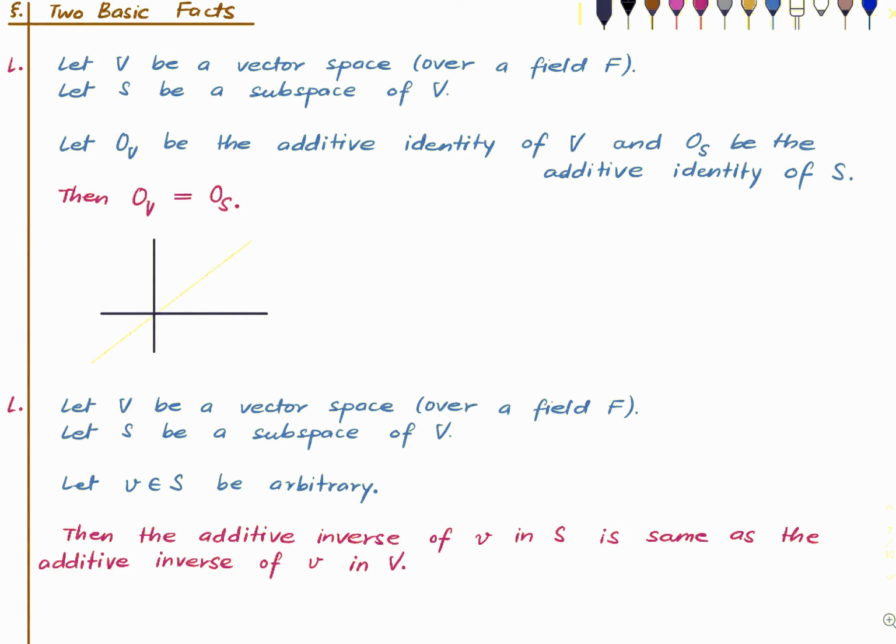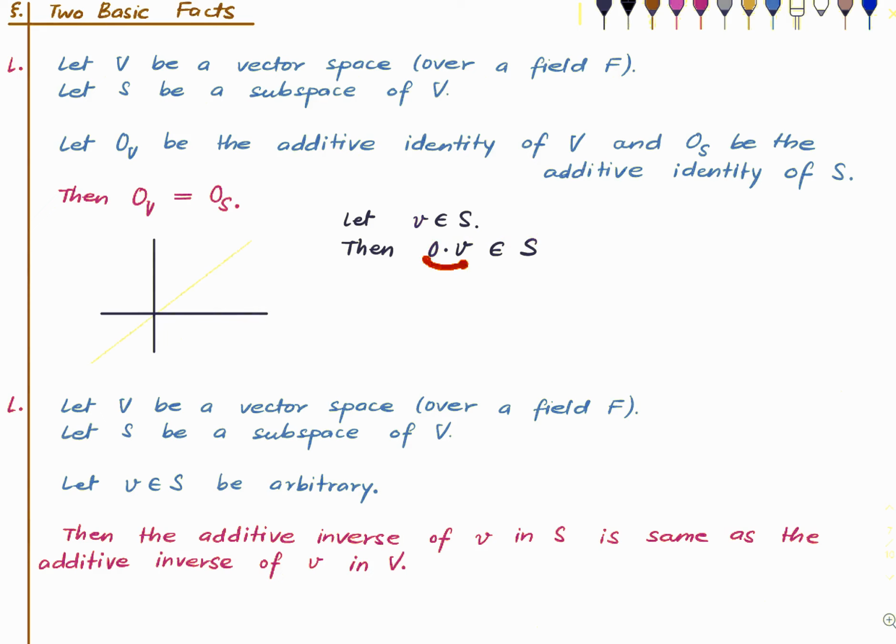Basically, you pick, so let v be in the subspace, then 0·v will lie in S, because all we are doing is scaling the vector v by some scalar, which is 0. So it is going to lie in S.